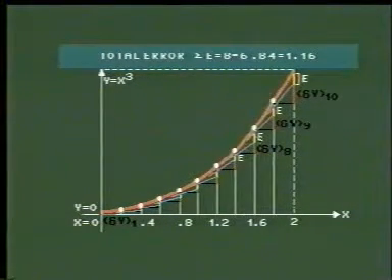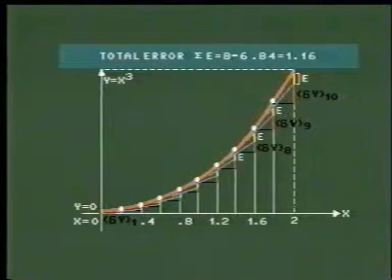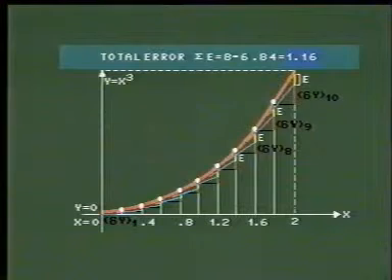And the total error sigma e is equal to 8 minus 6.84, which is equal to 1.16.